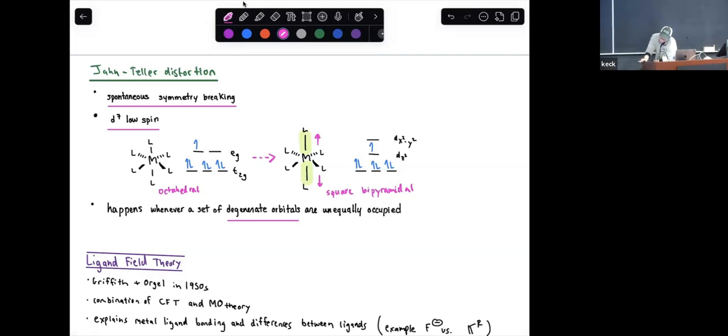What does that do? That stabilizes the dz squared orbital to an extent because we're pushing those point charges farther away in the crystal field theory analysis, and destabilizes the dx squared minus y squared. And so that's the crux of it.